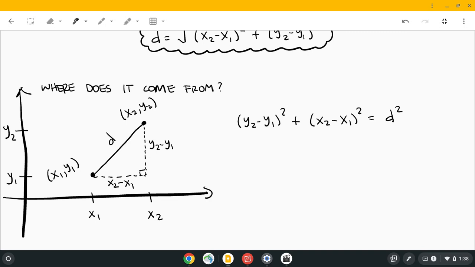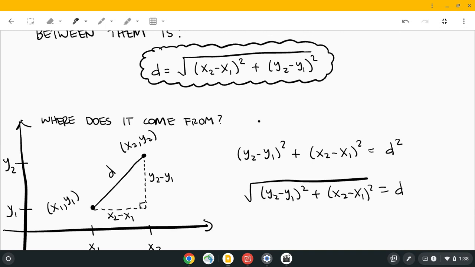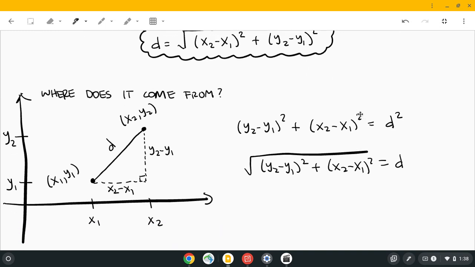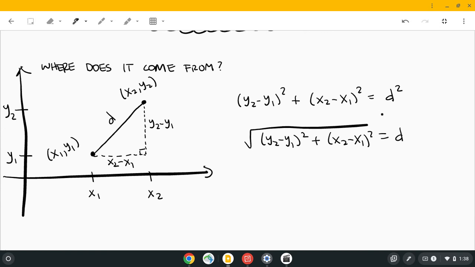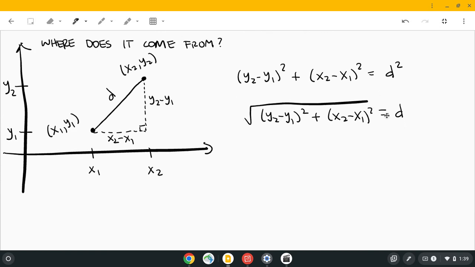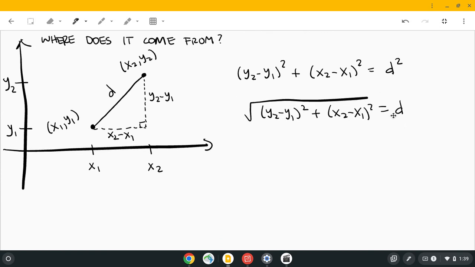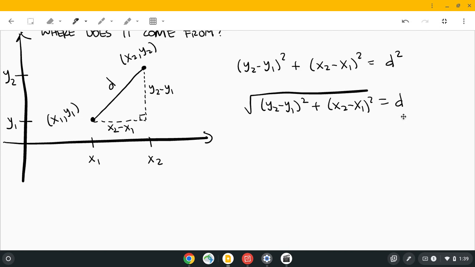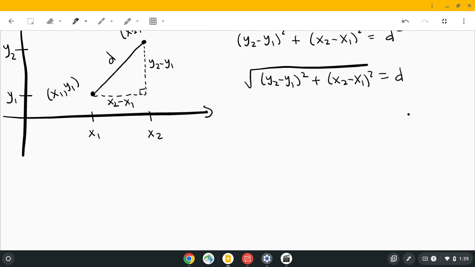And if I solve for d, I'll take the square root of both sides, and I get this. And we see here, this here is our distance formula. Ta-da! Magic. Math magic. Because I'm a mathematician. Okay, anyway, let's keep going.